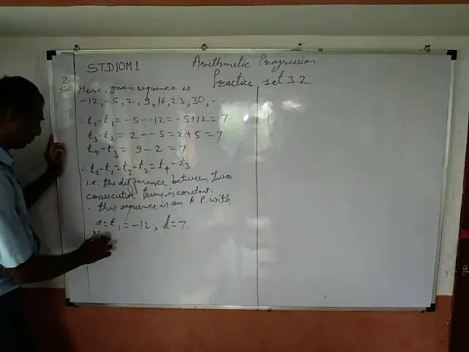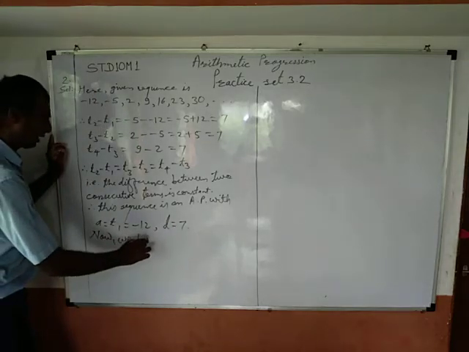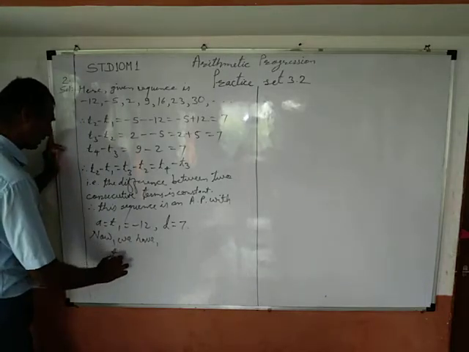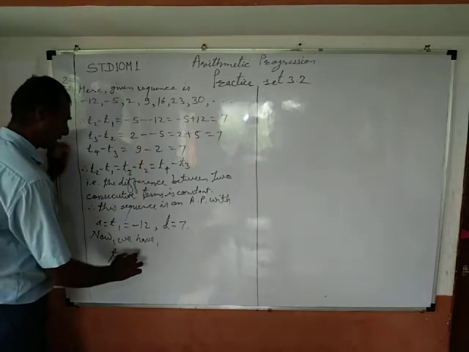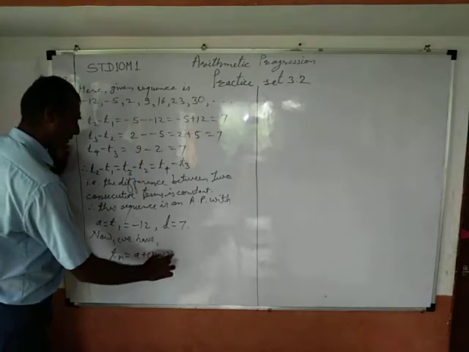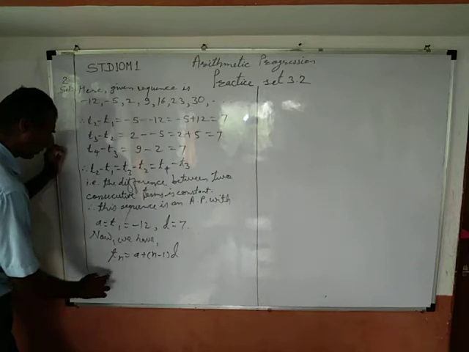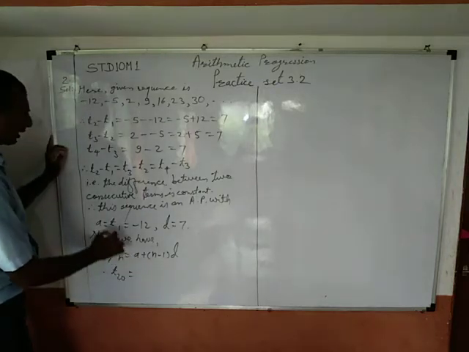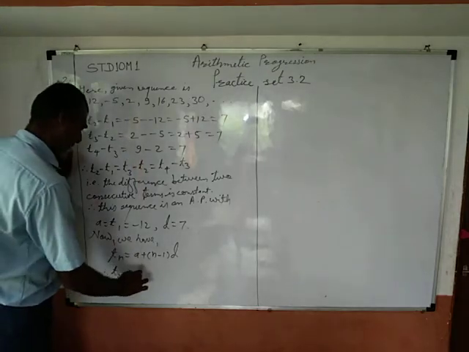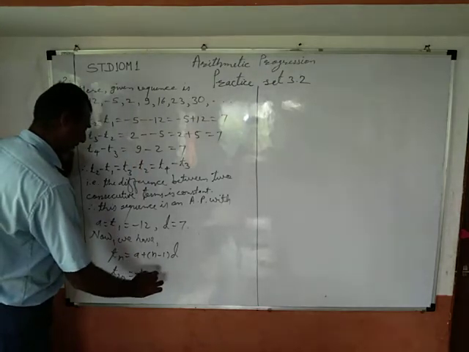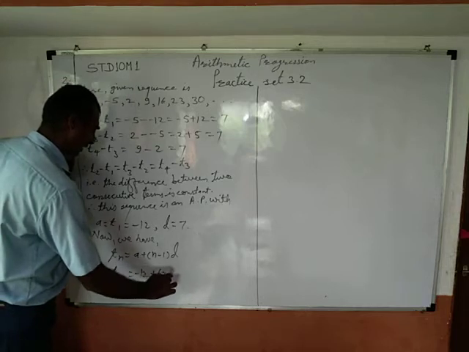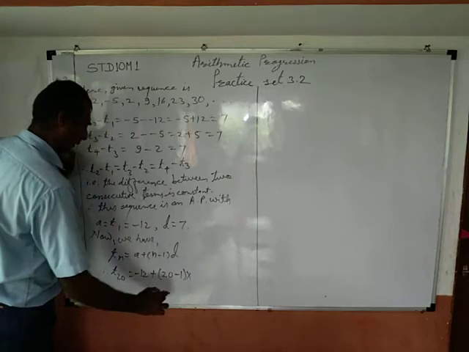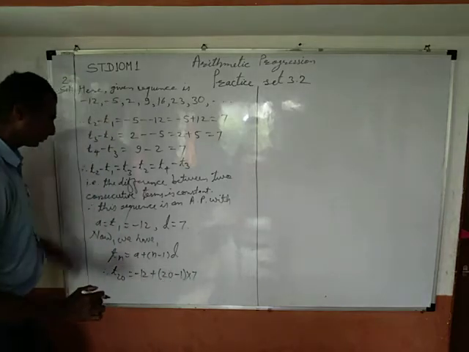Now we have a formula to find the nth term, and that formula is Tn equals A plus n minus 1 into D. Therefore, T20 equals the value of A, which is minus 12, plus n minus 1, where the value of n is 20, means 20 minus 1, into the value of D, which is 7.